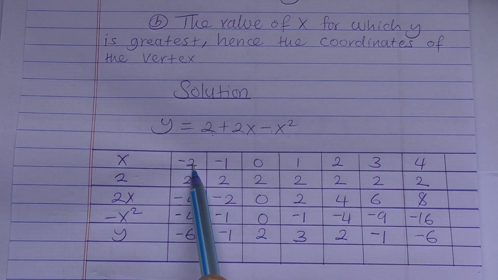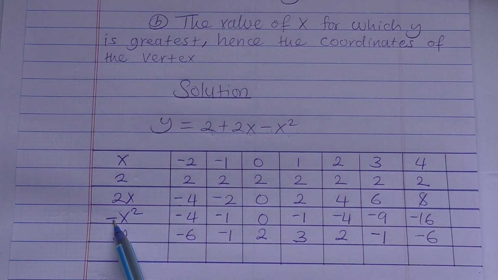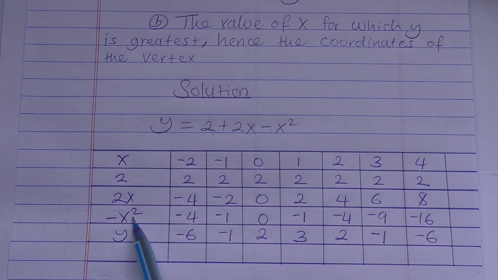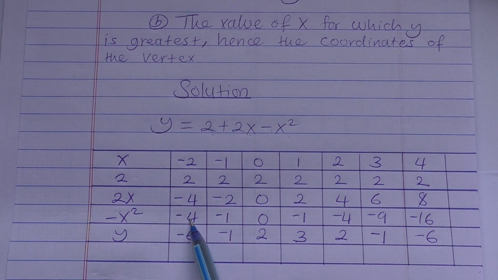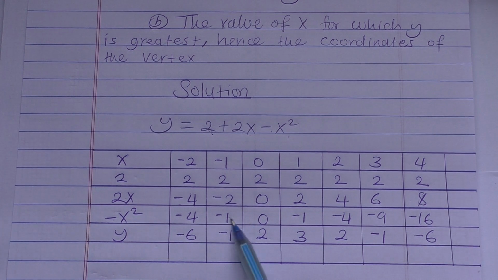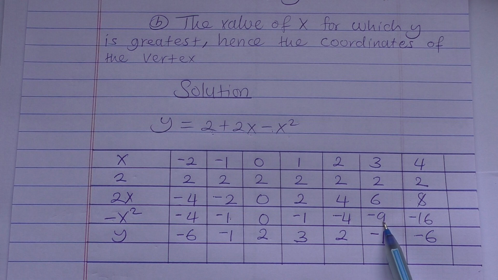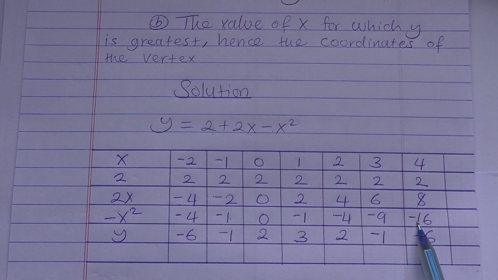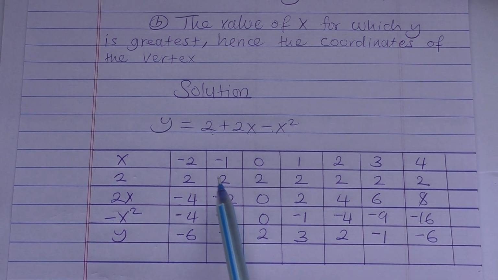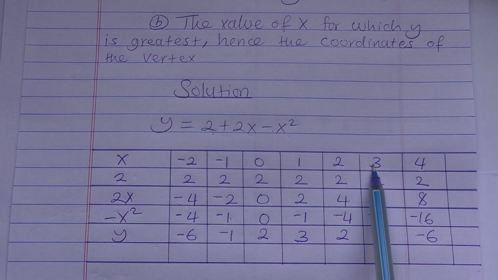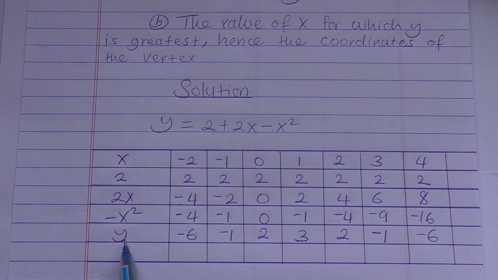So when we square -2, we get 4, but we take a -4 since it is negative of x squared. So we shall have -4, -1, 0, -1, -4, -9, and -16, since we are taking the negatives of the squares of x.